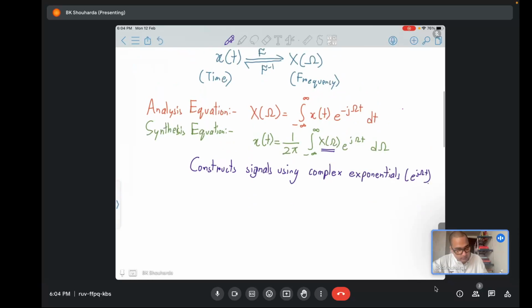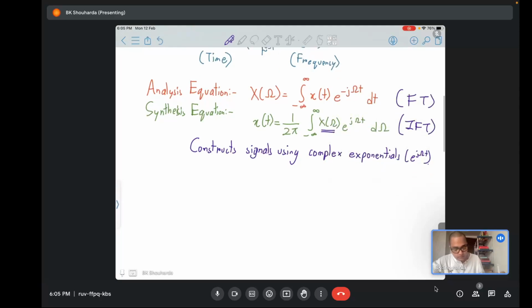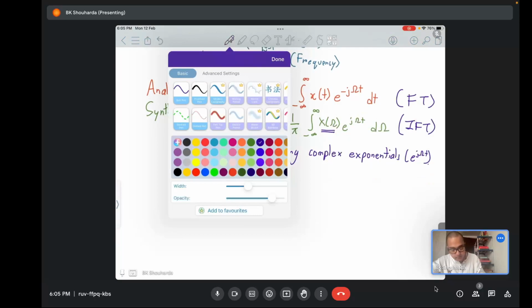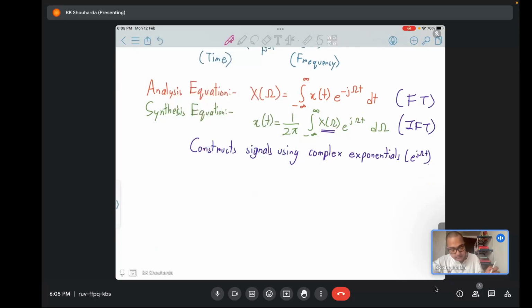Now this is called the Fourier transform and the inverse Fourier transform. Now in order for the signal to have a well-defined Fourier transform, we have the Dirichlet's conditions. And what are they?